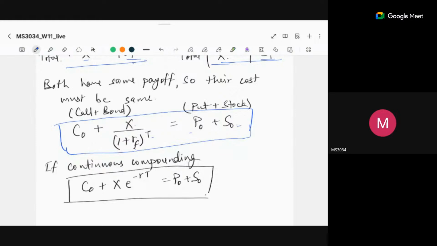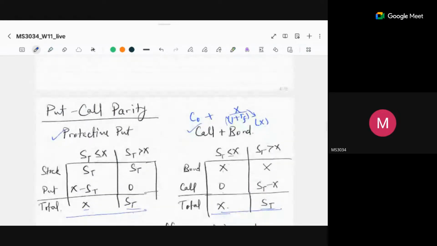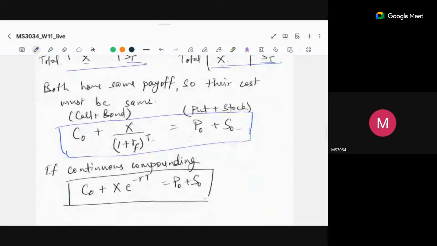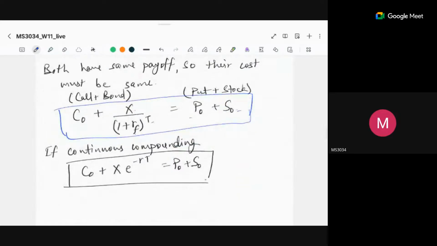Later we will discuss the Black-Scholes formula also, and you can verify those relations with that also. Now, this T is your period, and RF is given in annualized terms.